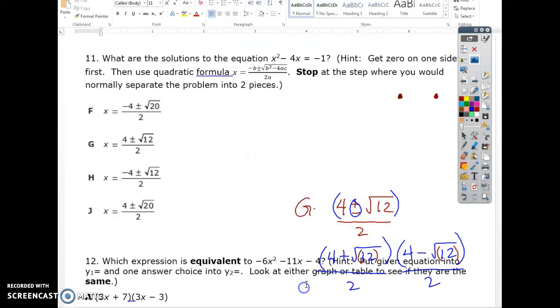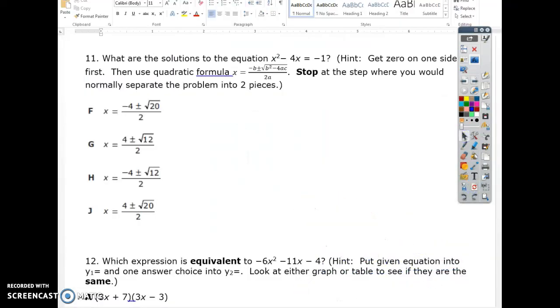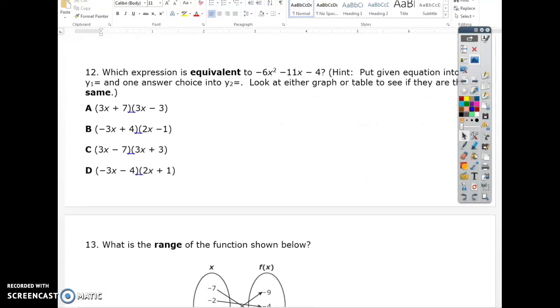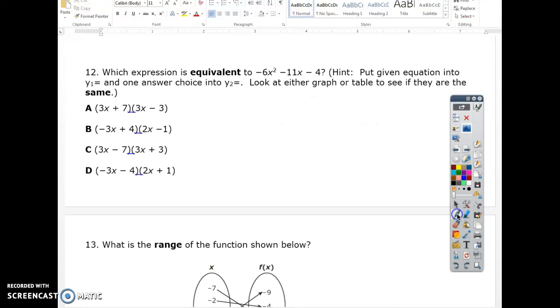The next problem, problem number 12. It says, which expression is equivalent to this quadratic? So basically, they're asking you for the factors.